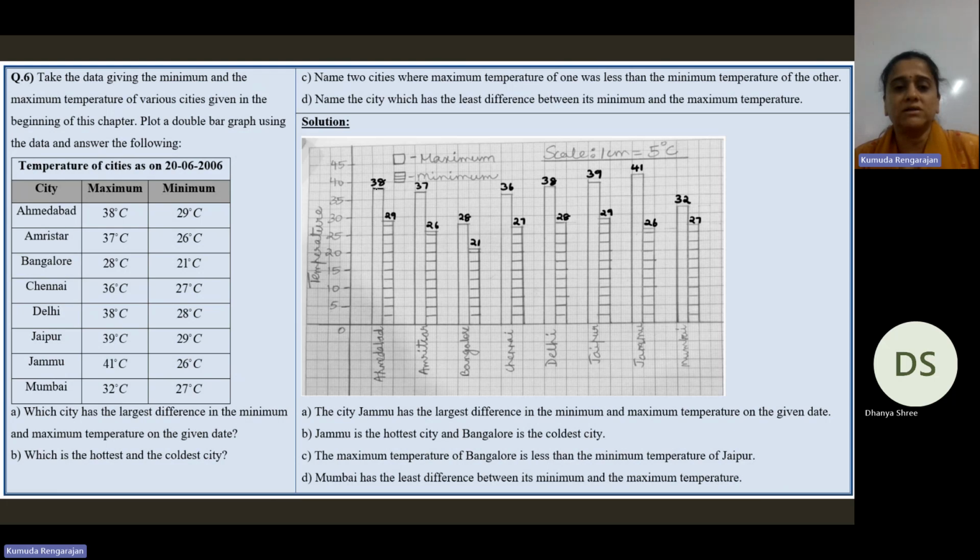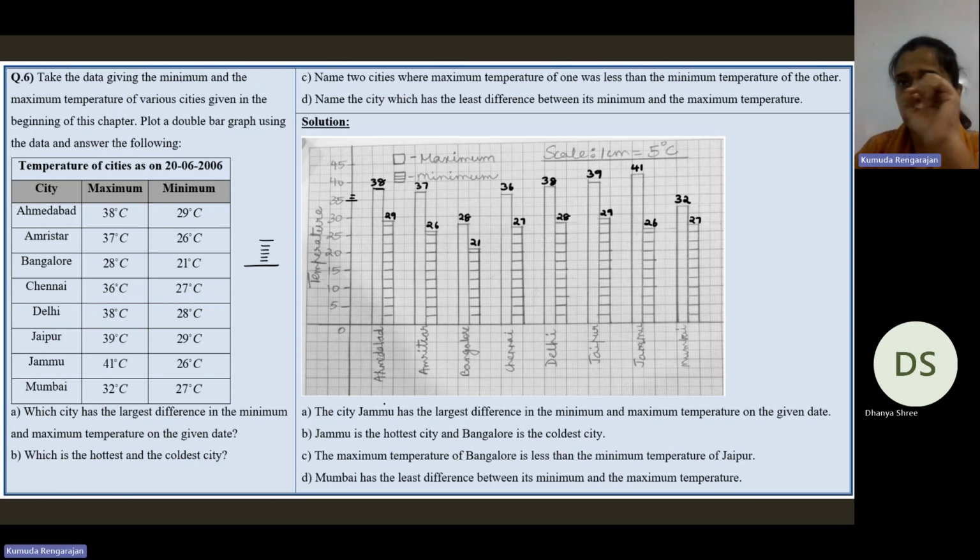Where will you mark 38? After 35, it is 35.5, 36, 36.5, 37, 37.5, 38. So you have to mark the subdivision carefully. That's 38.